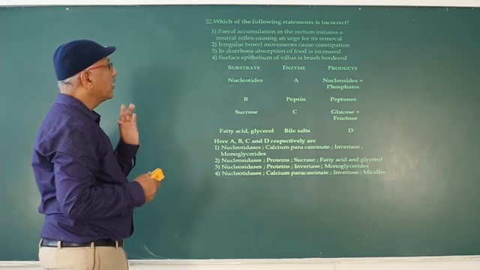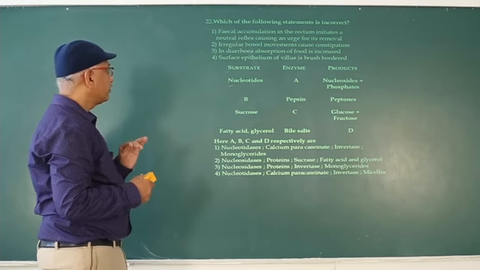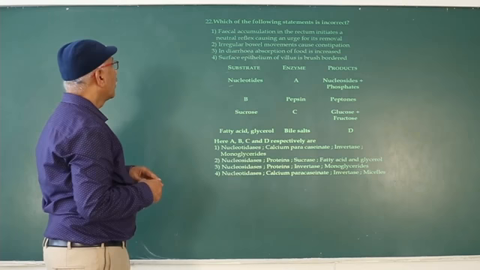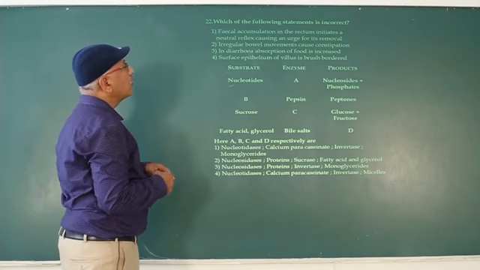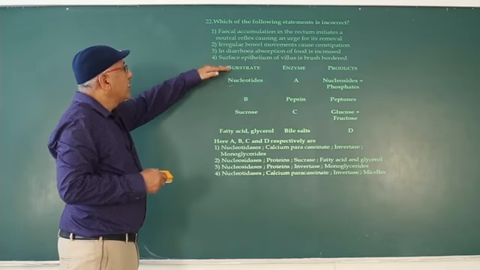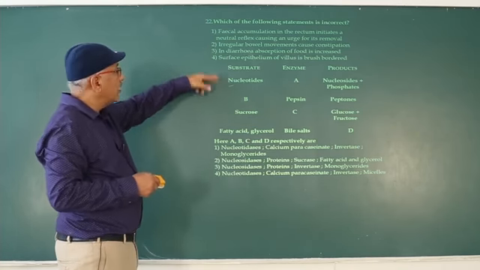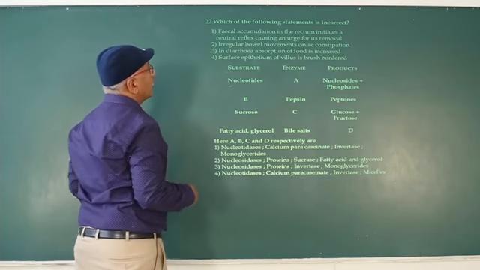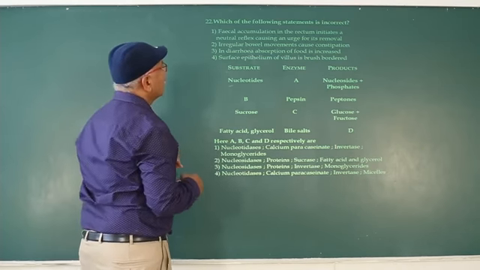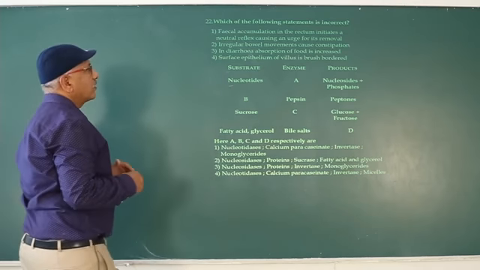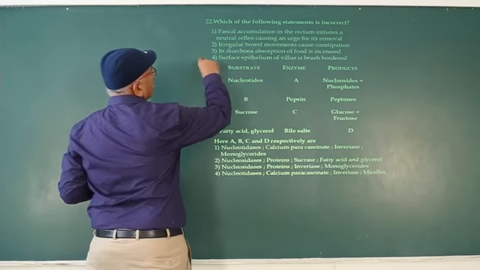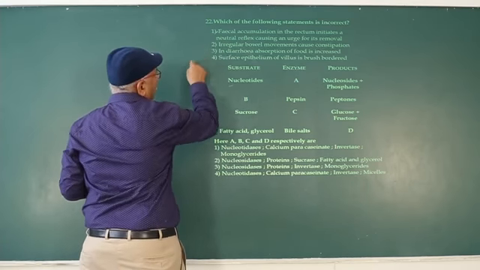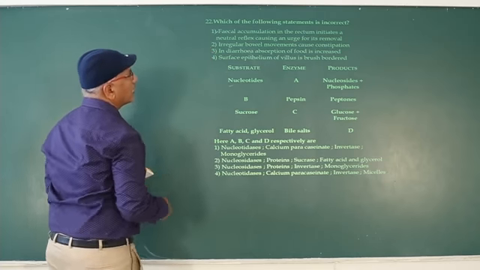Surface epithelium of ileum is brush border. So the answer is fecal accumulation in the rectum initiates a neural reflex causing an urge for its removal, which is a correct statement. Irregular bowel movement causes constipation.